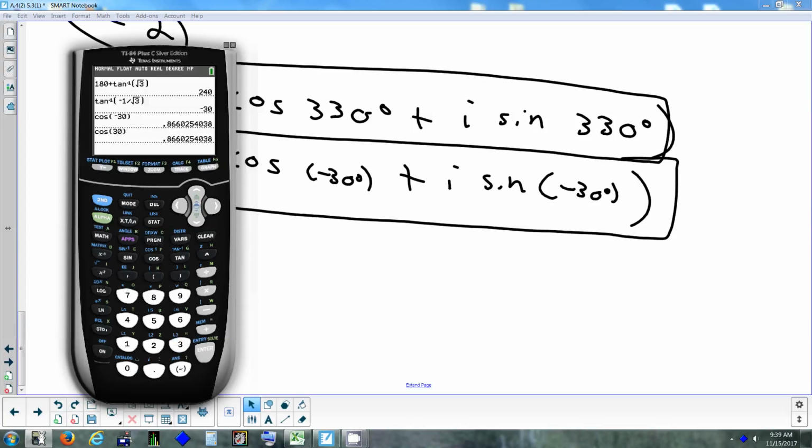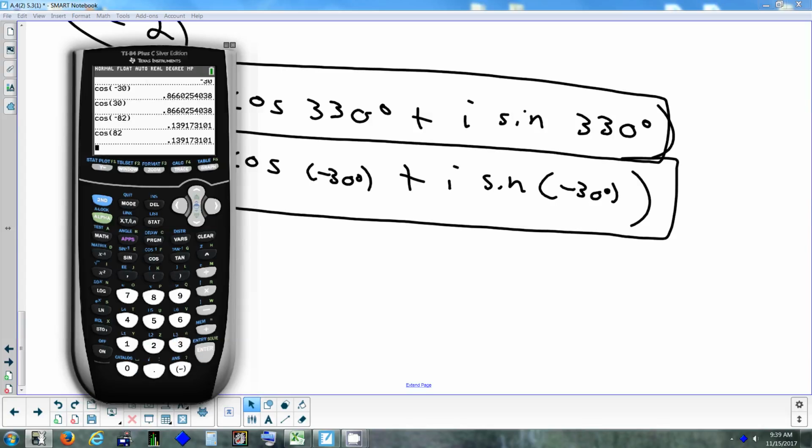What's the difference between those two? The two answers? Nothing. Right, let's just try another one. Let's try cosine of negative 82. And let's try the cosine of 82. What's the difference between those answers? Nothing.